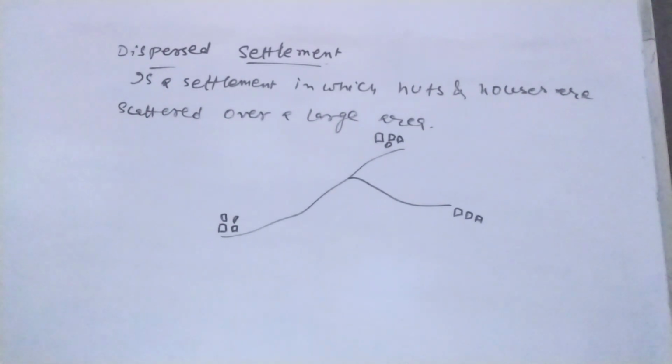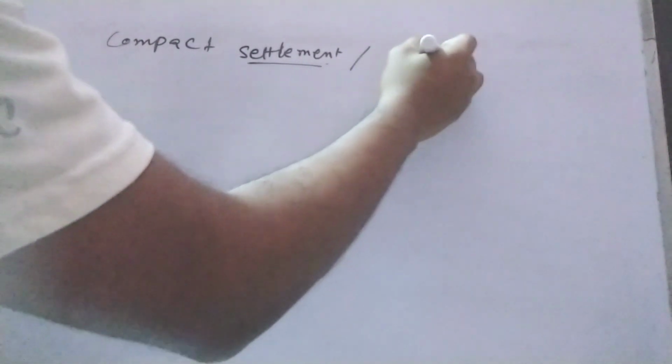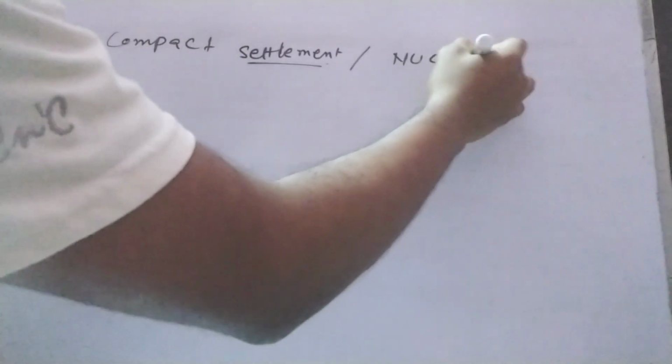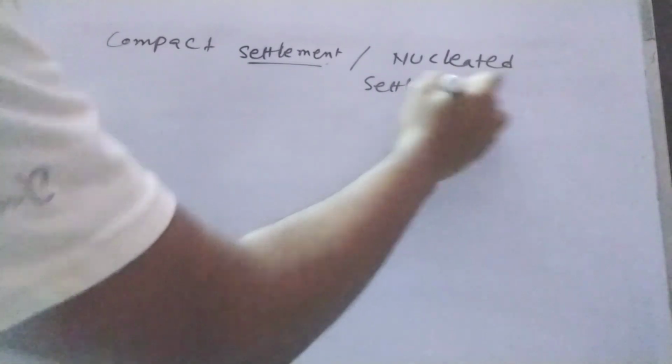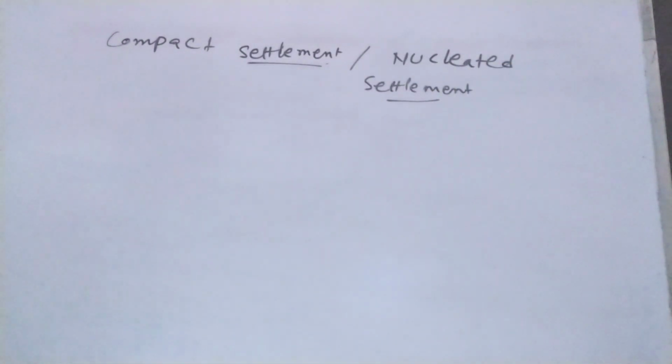Next come to compact or nucleated settlement. So what about nucleated settlement? These are the settlements in which the houses and huts lie close to each other, right?